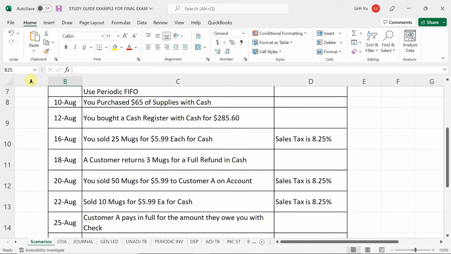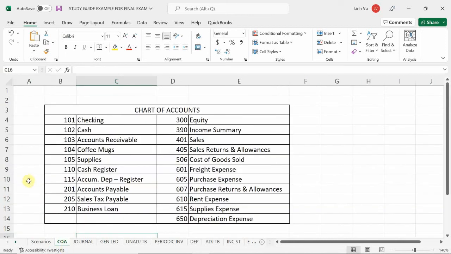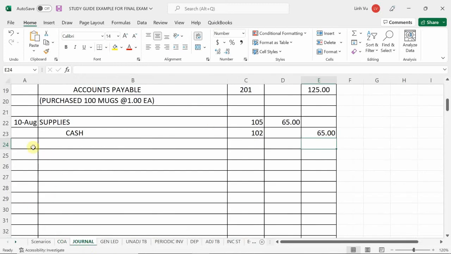So let's take a look at my chart of accounts. So what did I do? We bought the asset called the cash register, and we again used the cash to pay for it. Good. So it is the 12th now.